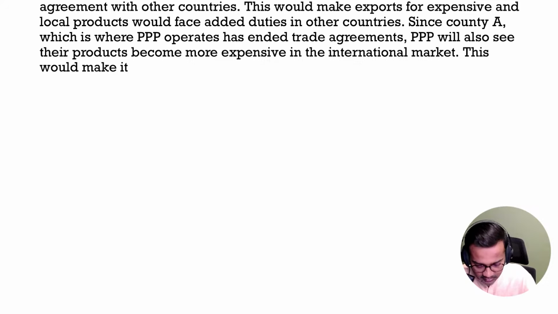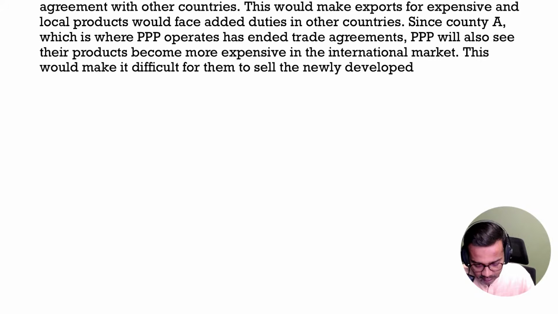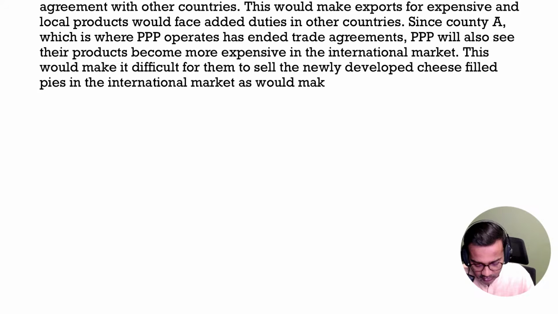This will make it difficult for them to sell the newly developed cheese filled pies in the international market, and would make less revenue than projected.